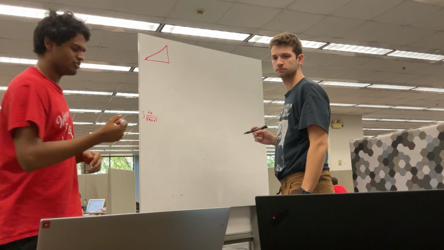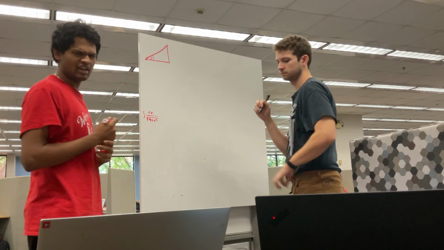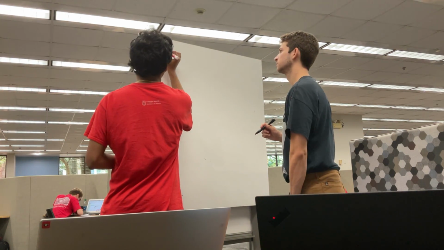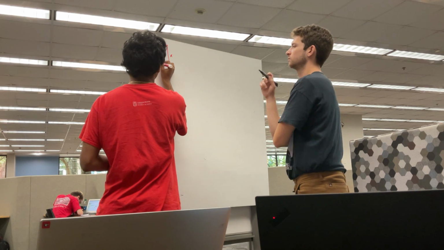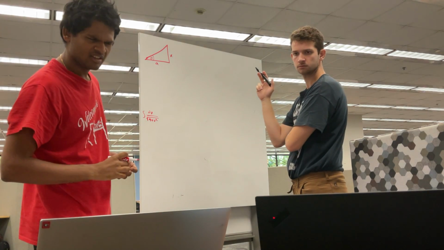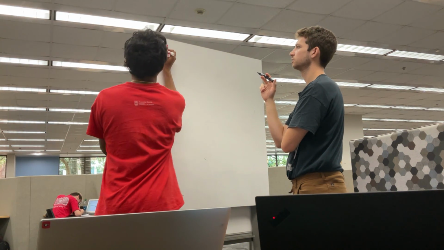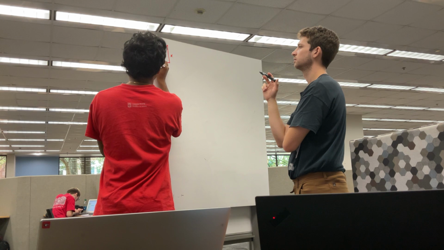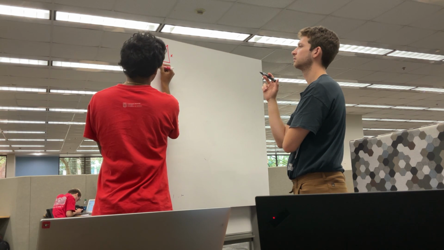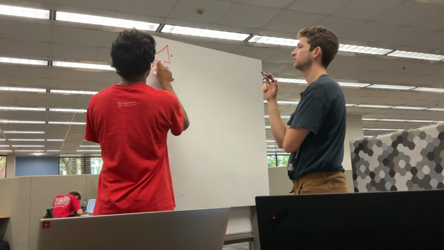if this is your theta, and this is x and this is a. Using the Pythagorean theorem, we get that this side is equal to the square root of a squared minus x squared.